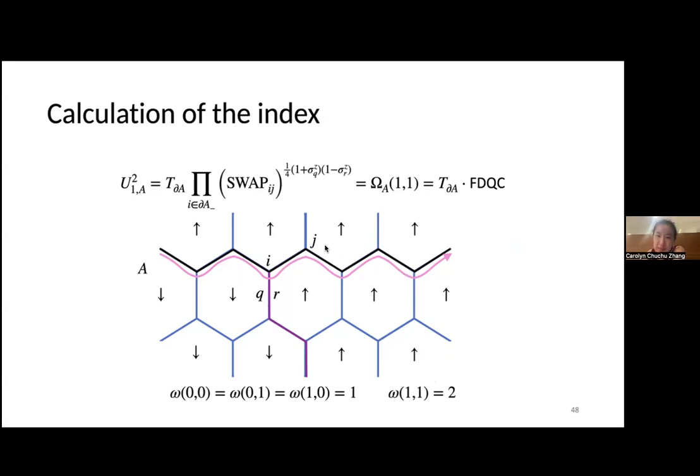And the reason is because a translation to the right and a translation to the left differ by a perfect square, which is kind of a double translation. And so the fact that this is non-trivial is not just because omega 1,1 is equal to 2. You could have also computed omega 1,1 is 1/2, but those are equivalent when you consider the cohomology class. Does that make sense? Thank you.